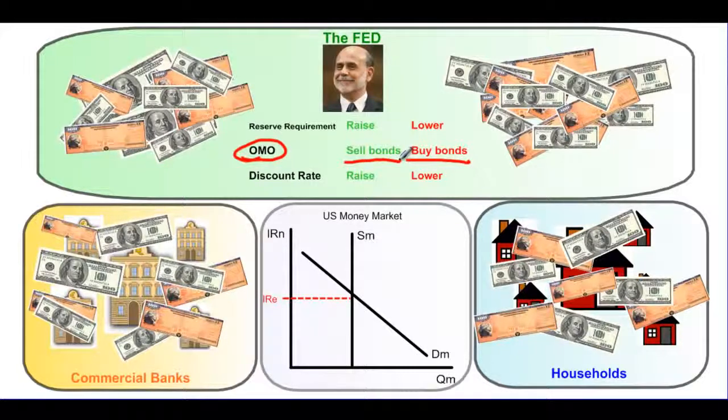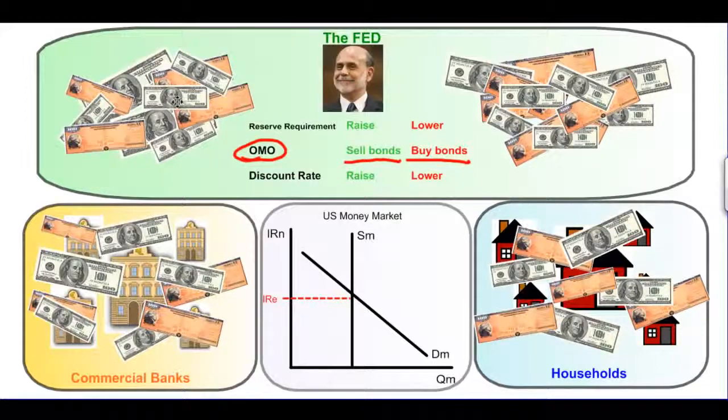Now, what's the importance of bonds? As we said earlier, bonds are an illiquid asset. Bonds are investments held by households and commercial banks that earn interest, but they cannot be spent on goods and services. So if the Federal Reserve decides to buy bonds from households, what would that look like in our illustration here?